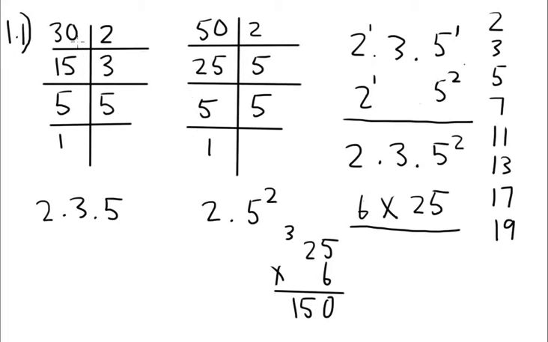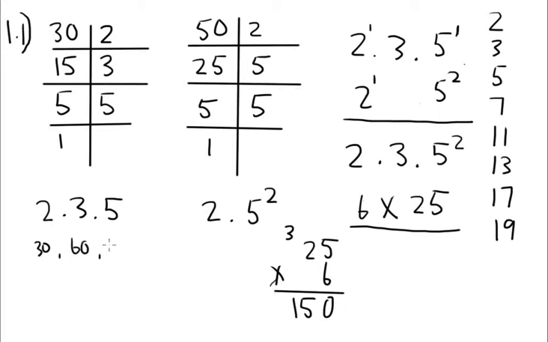Oftentimes we'll see that when you multiply the two together, in this case 30 times 50, you get the LCM. The other way to find it is to list the multiples. They asked us to find it via the prime factor method, but I just want to show you the other method because we're busy with fairly easy numbers here, so it's easy to test if we're correct.